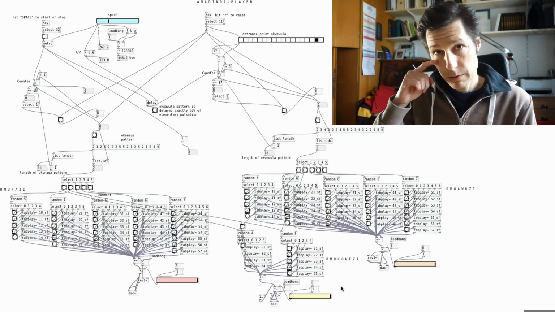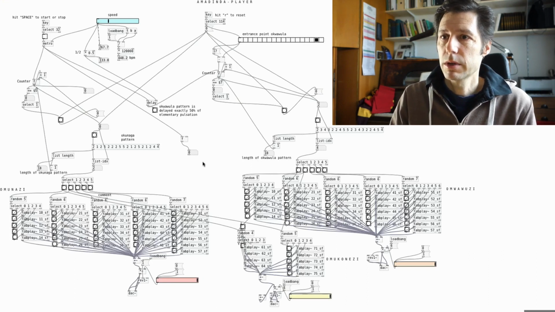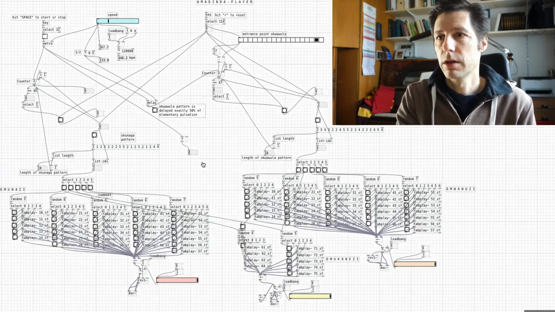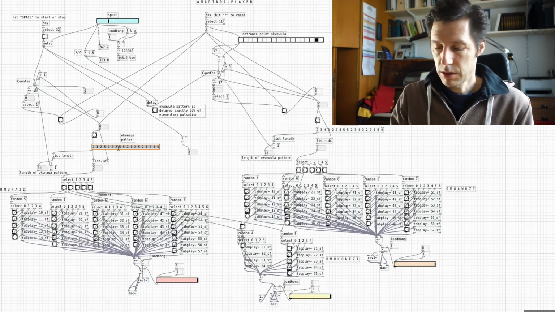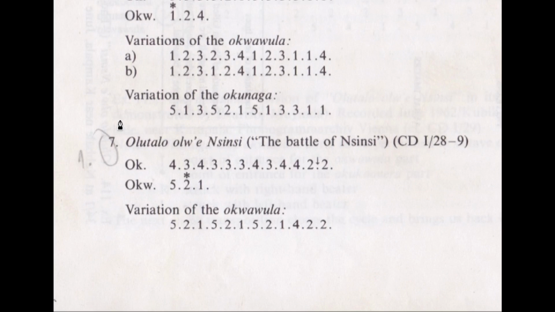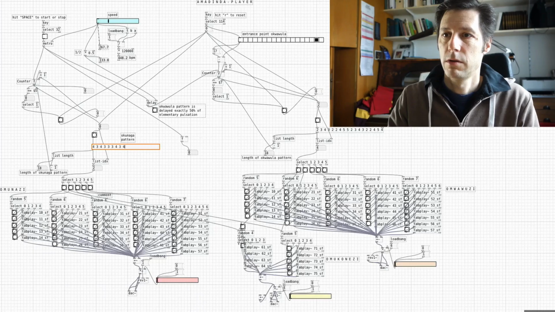Now, if I want the player to play another composition, I simply need to change the patterns. Now, the composition Olutalor Vensinsi has a different pattern. It's 4 3 4 3 3 3 4 3 4 4 2 2, right?